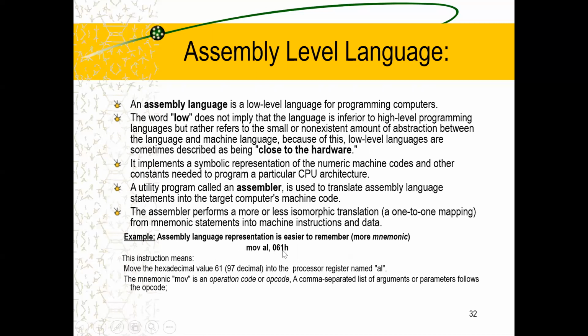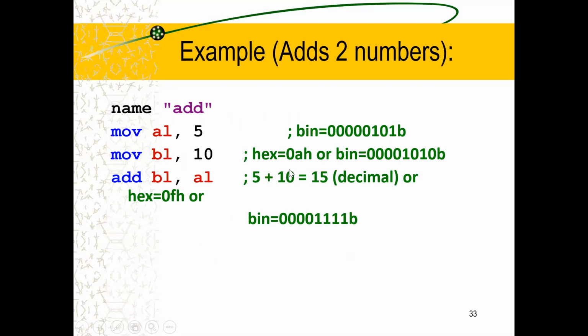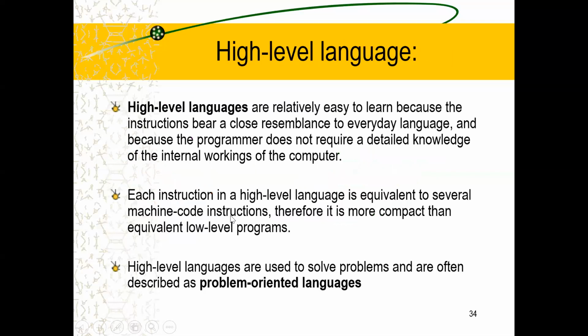You can see an example here: this is how 5 is moved to the A1 register using this operation. Then 10 is moved to B1, and whatever is in A1 and B1 is added. So that was an example of assembly language.